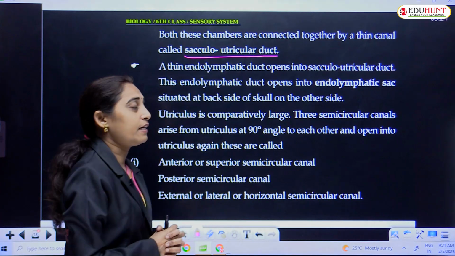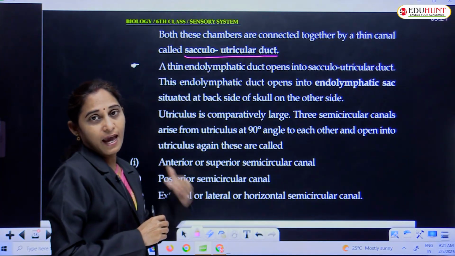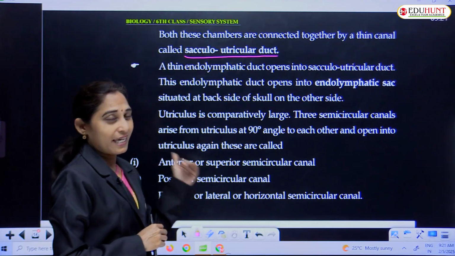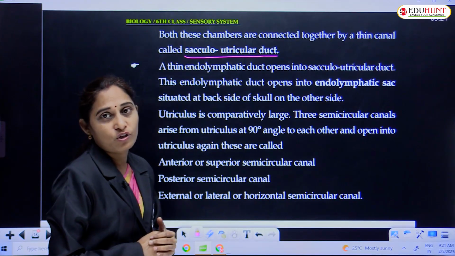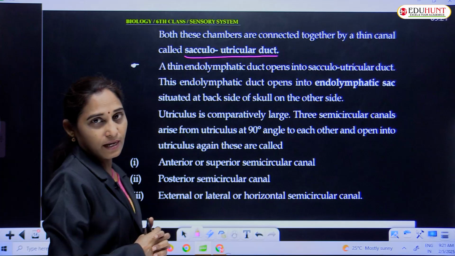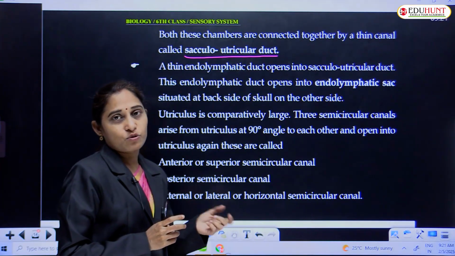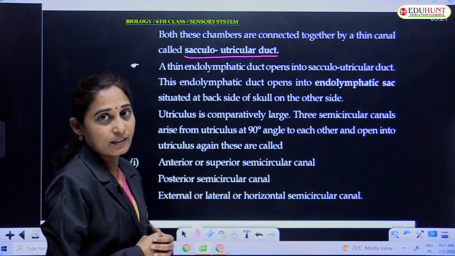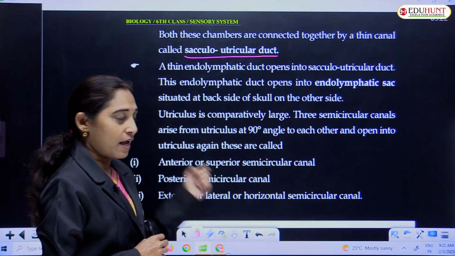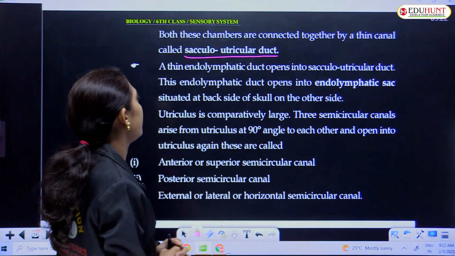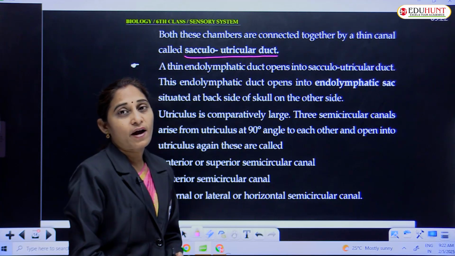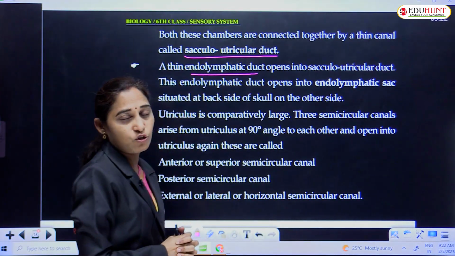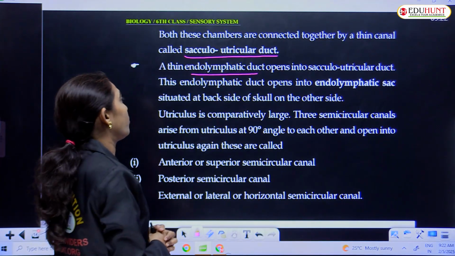But it is the internal ear cavity that is the duct or the canal, sacculo-utricular duct. This connects the two chambers of the membranous labyrinth of the internal ear, that is sacculus and utriculus. A thin endolymphatic duct, it is also a tube like structure that opens into the sacculo-utricular duct.